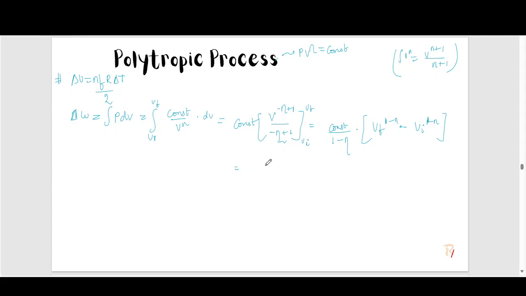This gives me 1 by 1 minus n into Vf times constant upon V to the power of n.